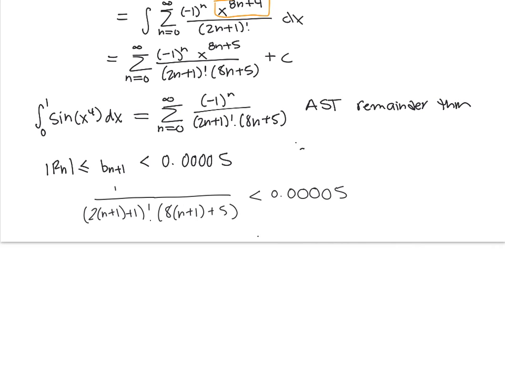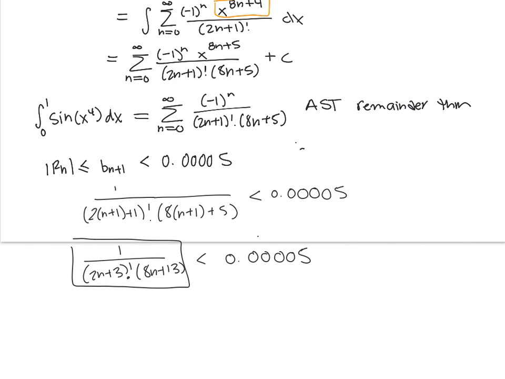And that's the same thing as saying 1 over (2n plus 3) factorial times (8n plus 13) has to be less than 0.00005. And you test various n's until you find an n that produces an inequality that is true. And the first n that I found was n equals 2.